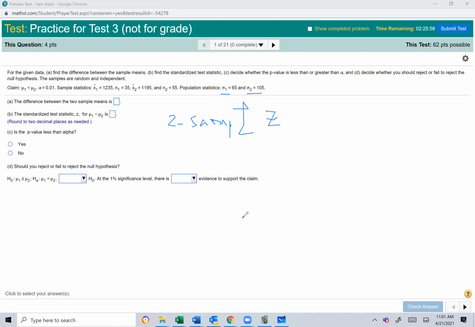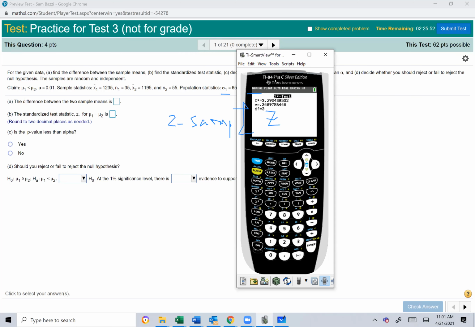So we will go to the calculator, guys. Watch. Let me open up the calculator. Since we agreed it's a Z-test, you just go to stat, tests, and it's number 3. Enter. Summary. See, the calculator is asking for sigma 1 and sigma 2.